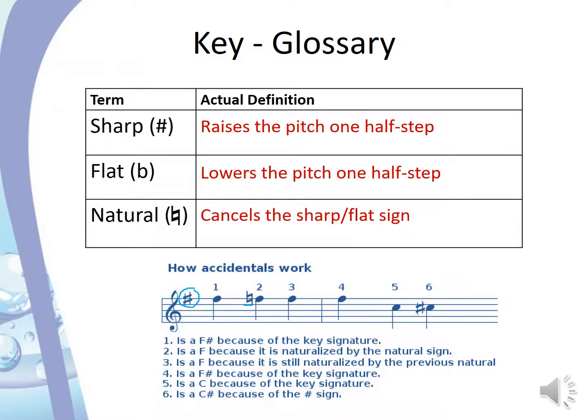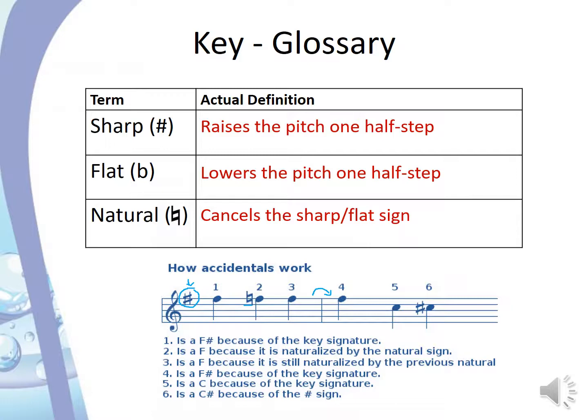In the case of number 3, this would still be a natural simply due to the fact that the natural sign came before it. Since we read left to right, whatever was the most recent change still applies. The exception to that rule is when we cross over the bar line. Once we cross over the bar line, we revert back to the key signature.